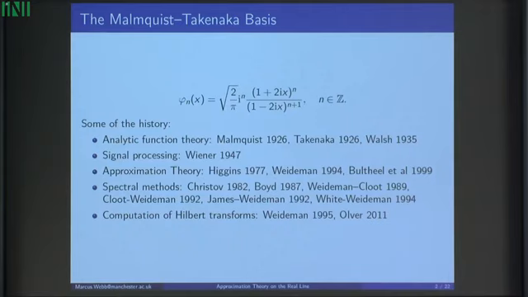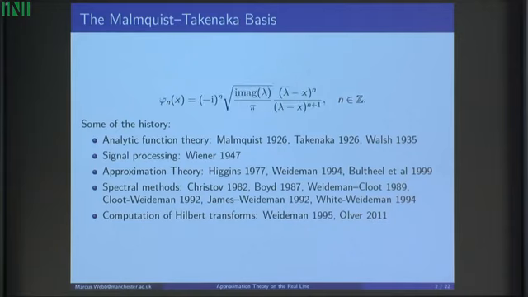Boyd and Weideman is in the room. He has quite a few papers working on this. Olver has done a little bit of work because these functions are eigenfunctions of the Hilbert transform. And also today, Andrew Horning mentioned that in his work with Alex Townsend and Matt Colbrook, they've been using this basis with great effect.